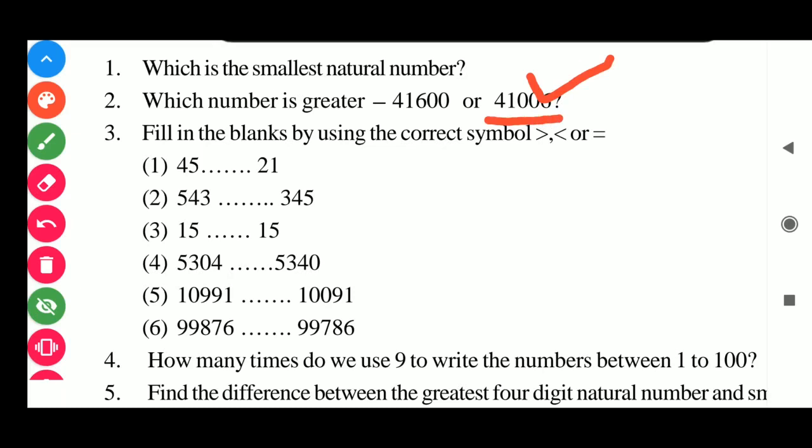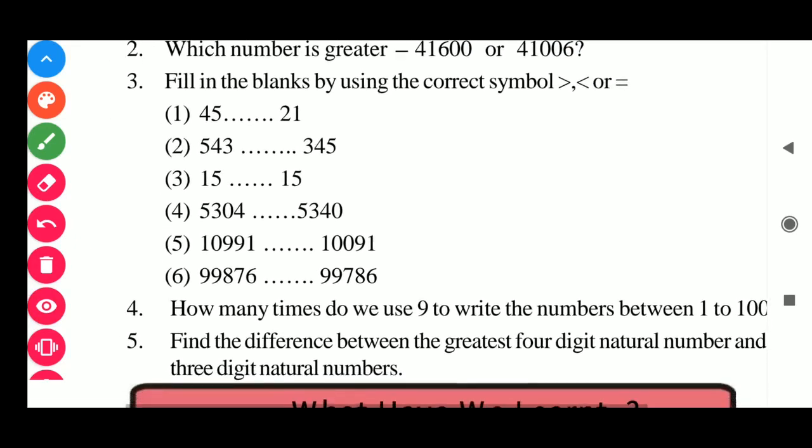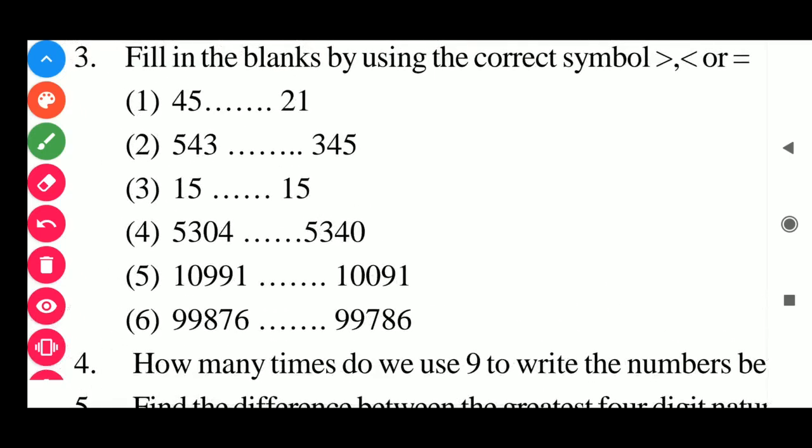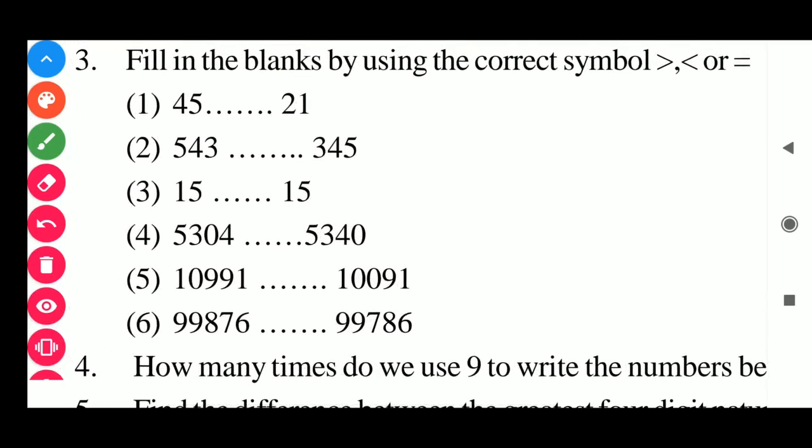Now come to the fill in the blanks. How can we solve the fill in the blanks? In the third question, you can see here 45 is always greater than 21. We put the three symbols: greater than, less than and equal to.